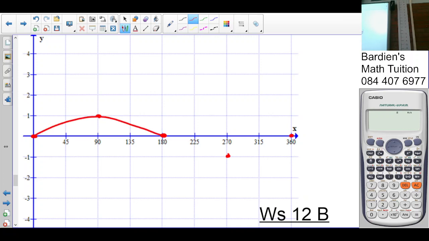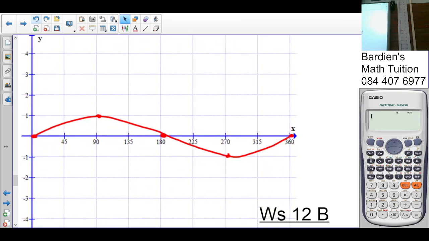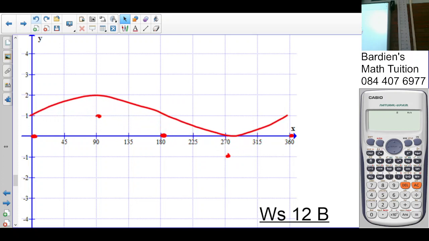So what we do is, that graph we're going to move 1 unit. That's what the graph is going to look like.